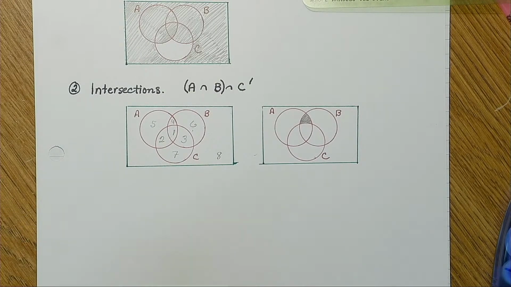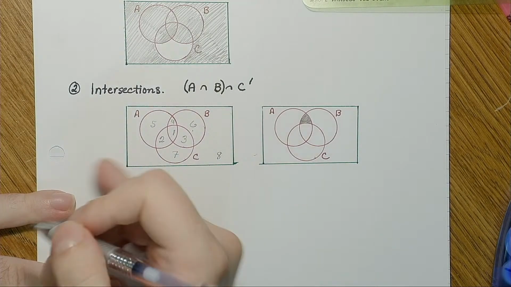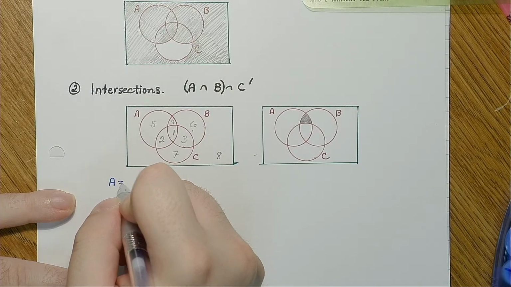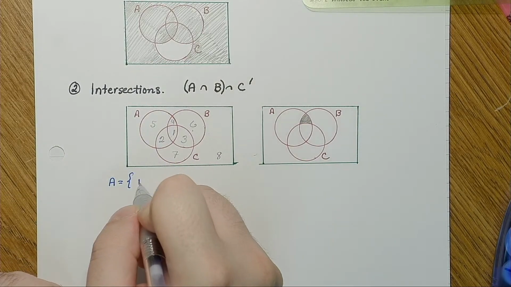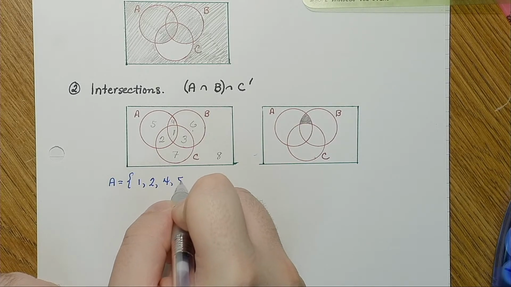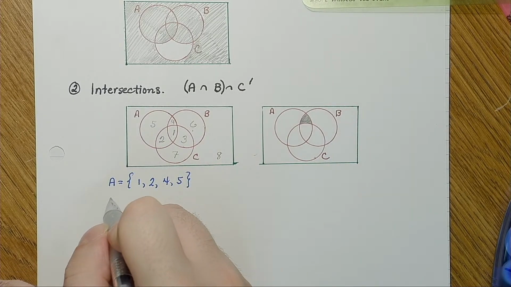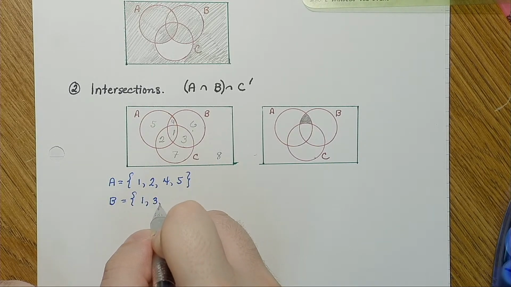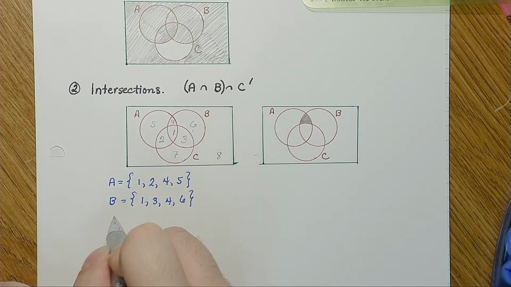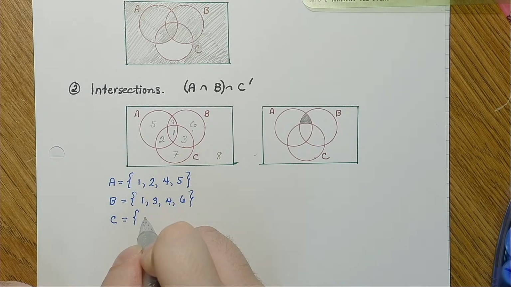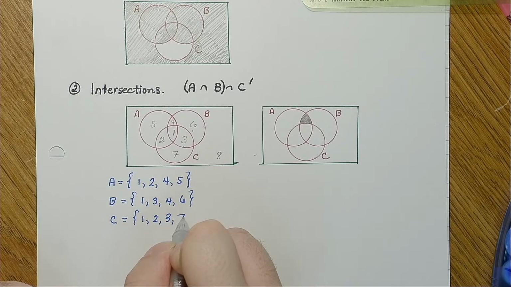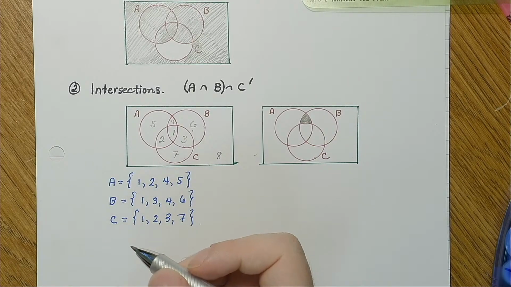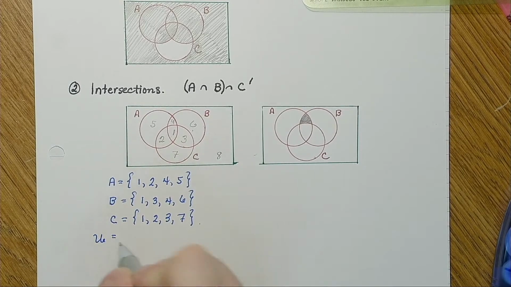So for set A, this would have regions 1, 2, 4, and 5. B here would have regions 1, 3, 4, and 6. C would be 1, 2, 3, 7. And of course, our universal set that we're working with is 1, 2, 3, all the way up to 8.